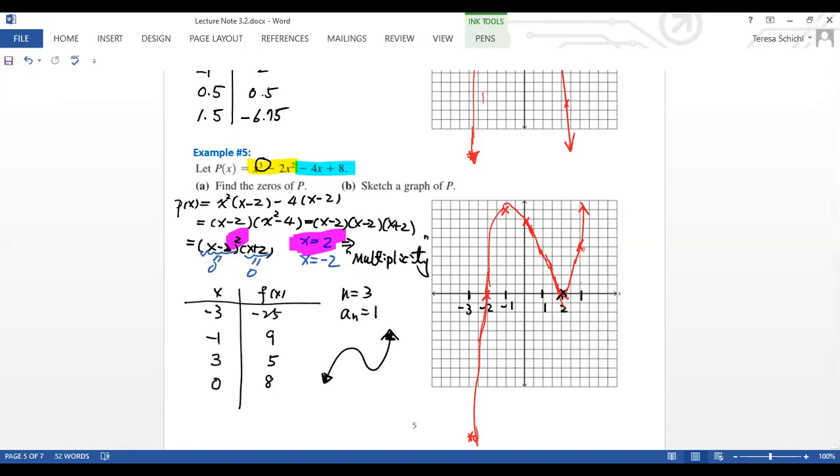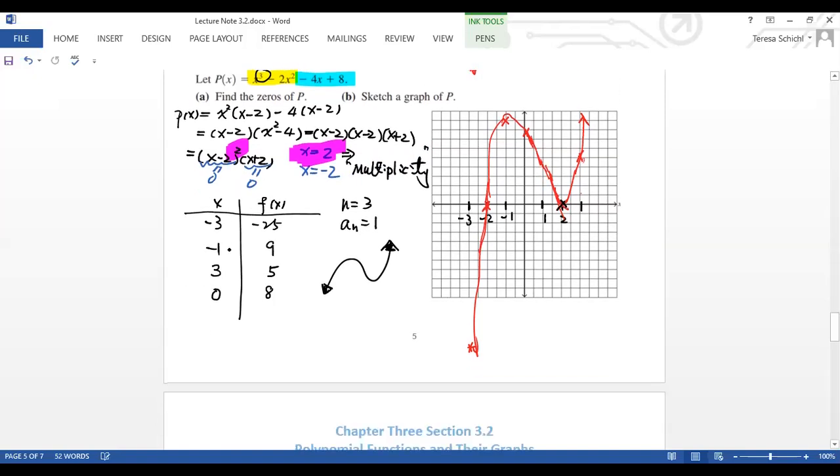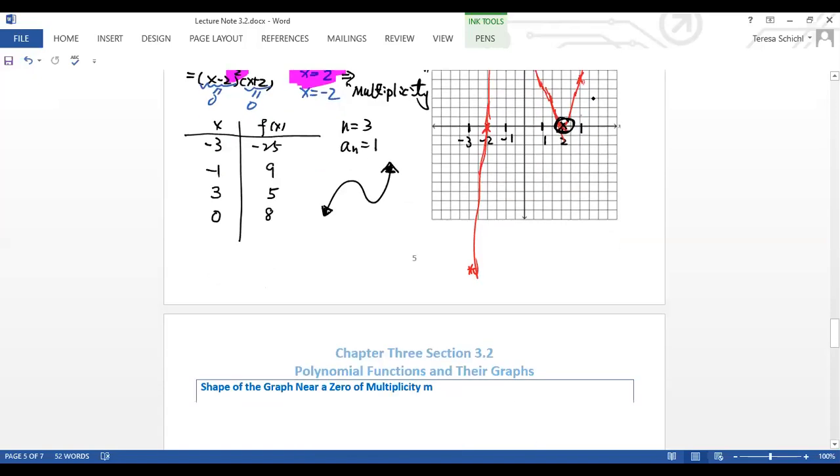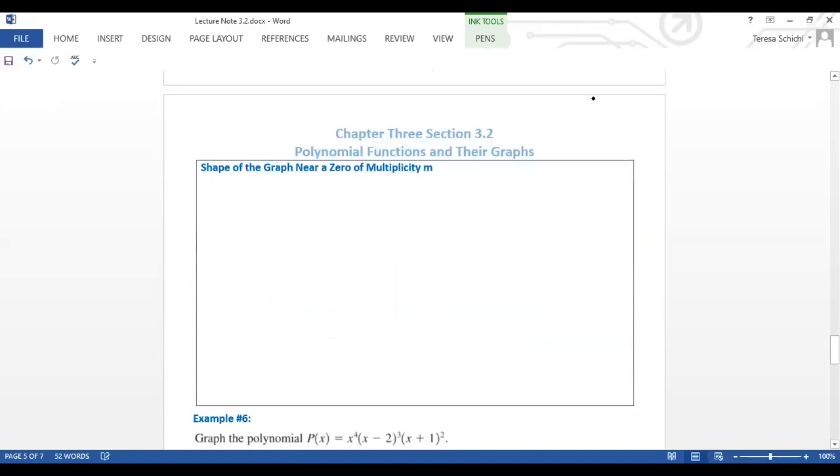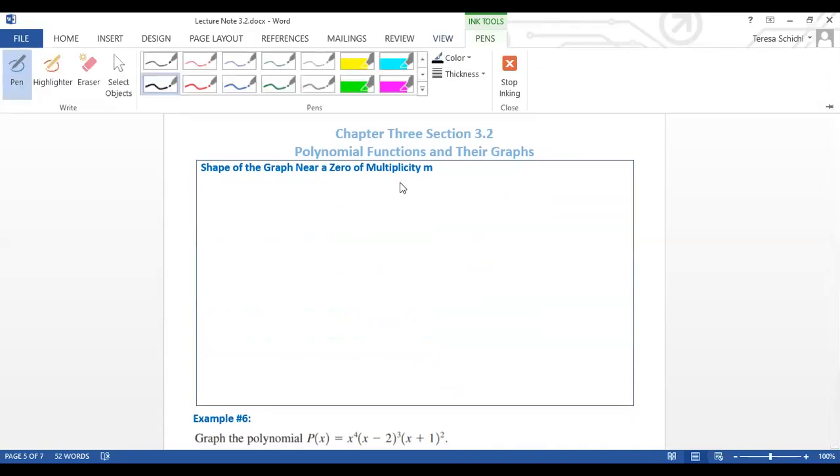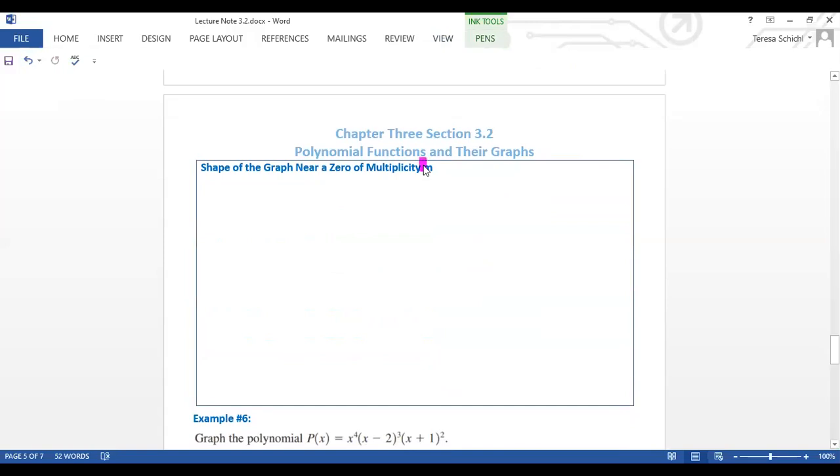So this comes to a very important point: I have to have 3 zeros, but here I only have 2. That's why these zeros here, I need to just turn right at the x-axis, like a tangent line. So what happens to the graph at the zero when the multiplicity is even?